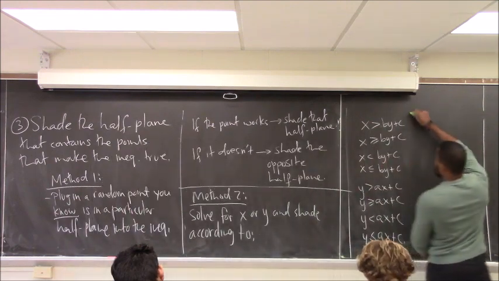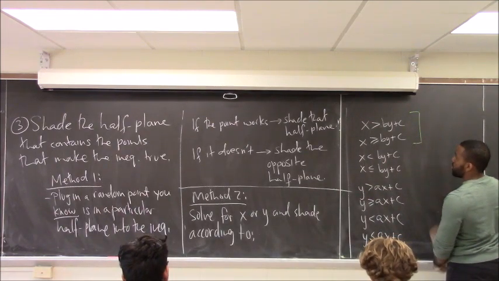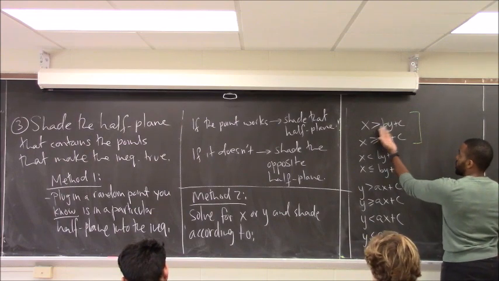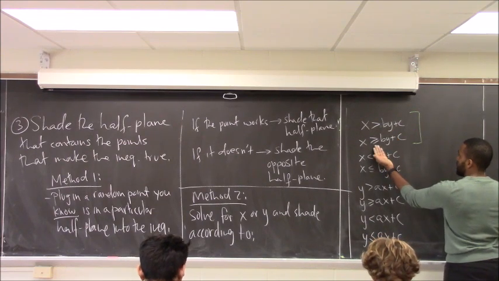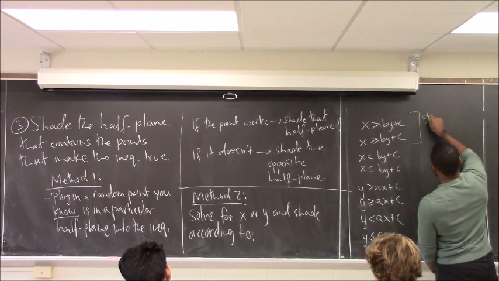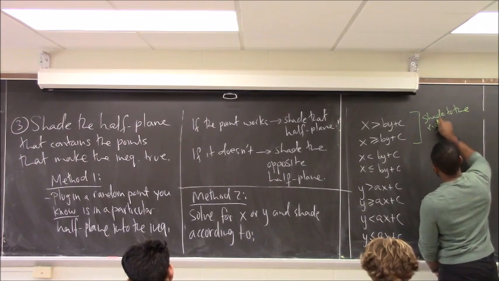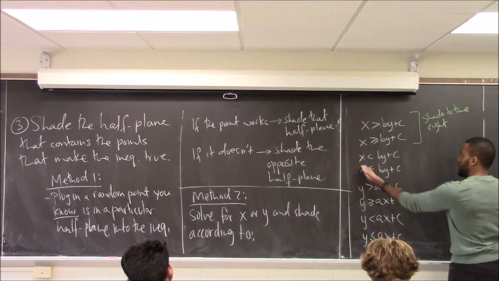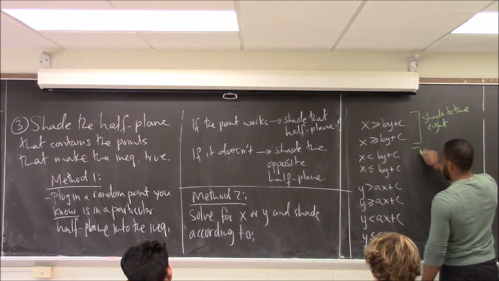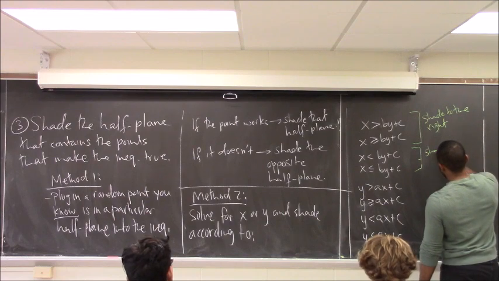So if you solve for x and you end up with x is larger than blah, or larger than or equal to blah, you shade to the right. If x is less than blah, or less than or equal to blah, shade to the left.